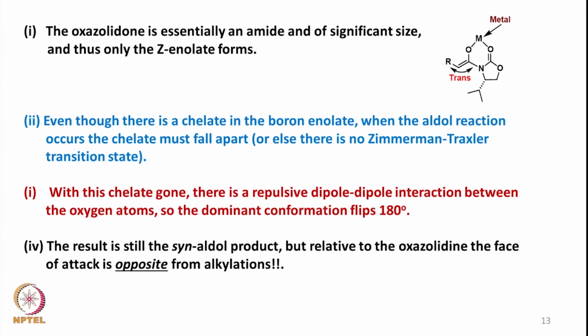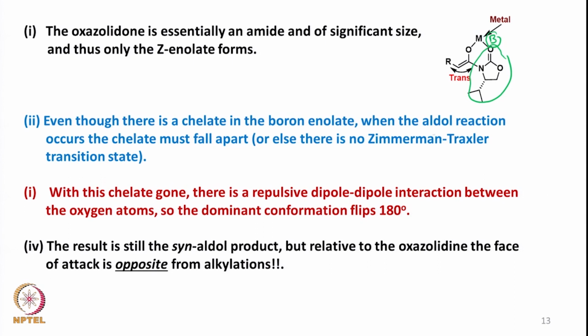Now we look at the oxazolidinone, which is basically an amide, and this particular part is essentially a carbamate, and it is a very large size, and therefore the Z enolate formation occurs preferentially. Even though there is a chelate in the boron enolate, like this is the boron enolate, this is the boron where the metal is.